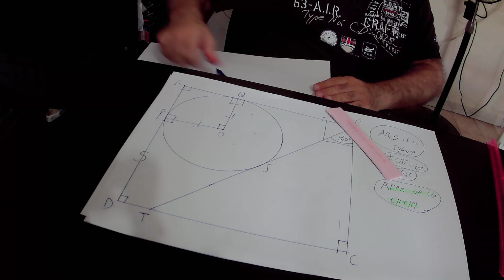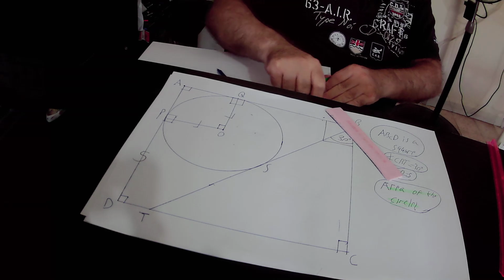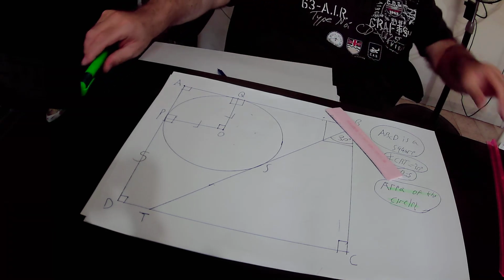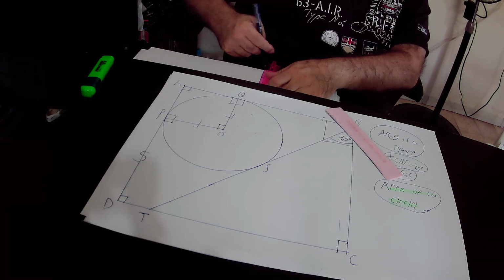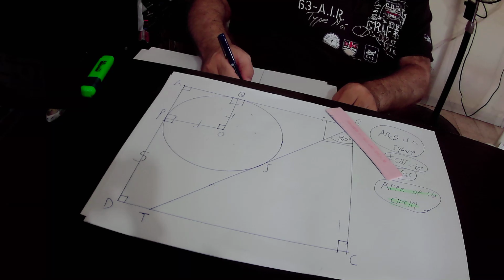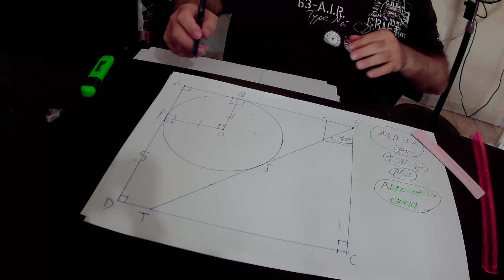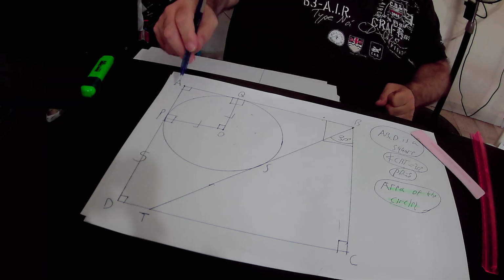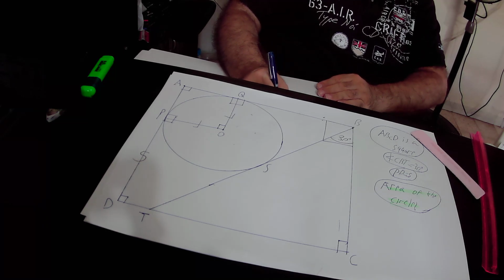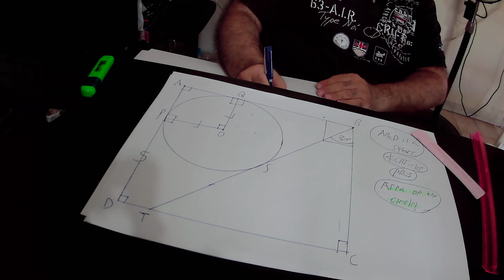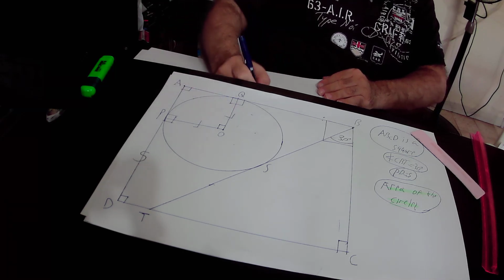And we also know that the opposite sides of a rectangle are equal to each other. That is to say, side AQ equals side PO. But we have already found out that PO equals R. It is the radius of the circle.